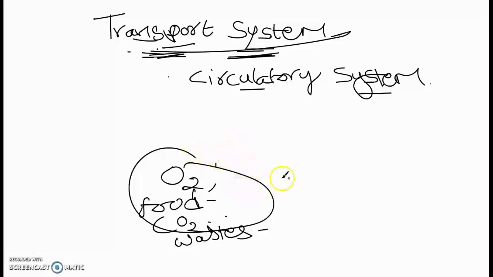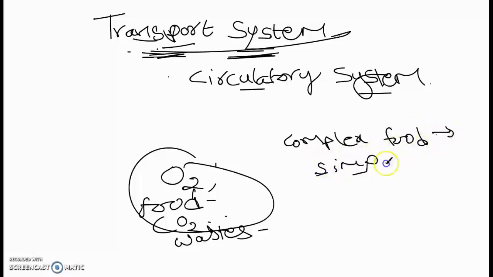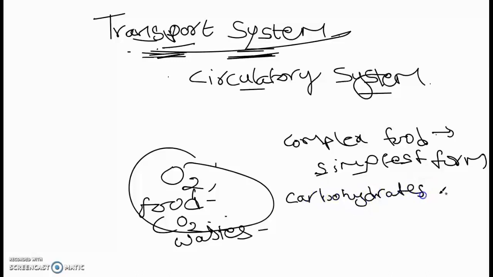If you take the digestive system, what it does is convert the complex food materials into their simplest forms. I think you understand. Carbohydrates are converted into glucose in the digestive system.